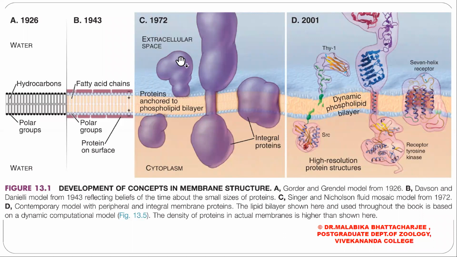And in 1972, the most accepted model for plasma membrane is the Singer-Nicolson fluid mosaic model. If we look into this model, as I said, this is the lipid bilayer. There is one layer facing the extracellular space, and this is the other layer which is facing the cytoplasm. The concept that developed with the Singer-Nicolson model was that proteins are of two categories found in the plasma membrane.